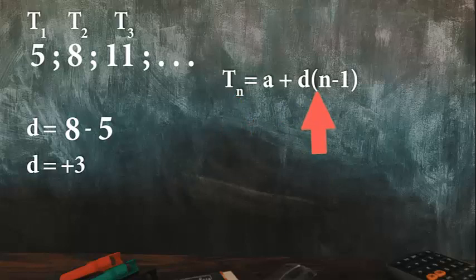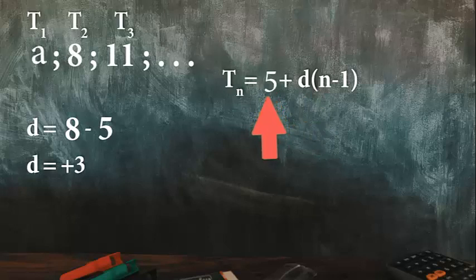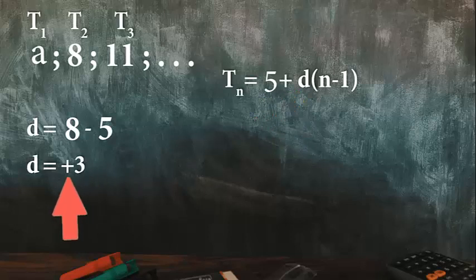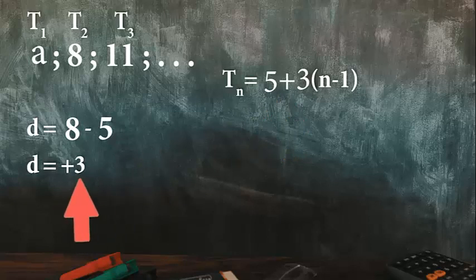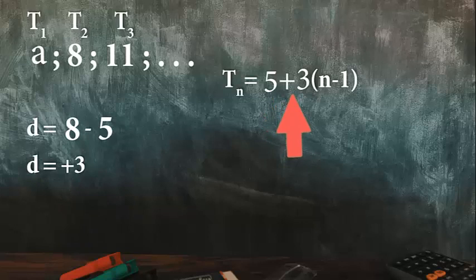So let's just do normal substitution. In the place of the a, we're going to put the 5 because it's term 1. And in the place of the d, we're going to put the plus 3, which we calculated earlier. Just to remind you that if this was a negative 3, for example, this would be a minus 3. But in this case, we've got a positive 3, so the constant difference is a positive 3.